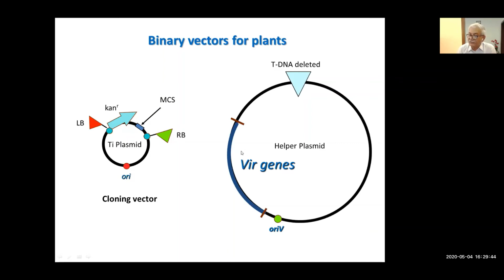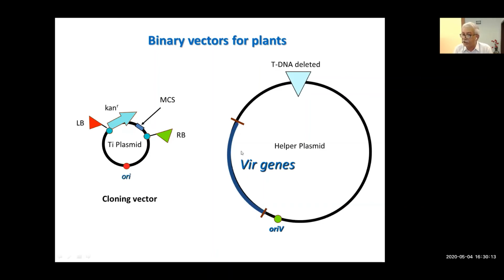3 antibiotics. Okay, so don't be surprised if you hear that the plant transformation people use 3 different types of antibiotics for selection of Agrobacterium, which is transformed with a binary vector system. One of the antibiotic resistances might be on the bacterial genome, the other might be on the TI plasmid, and the third one might be on the helper plasmid.